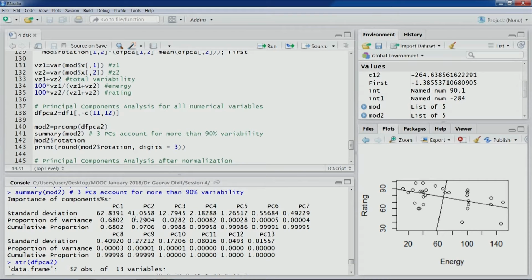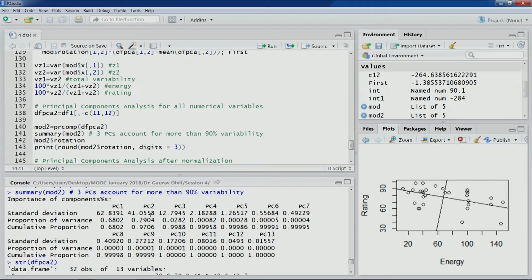So these two principal components, PC1 and PC2, contribute 97% of the variability that was there in the original variables. So we can eliminate the other principal components, as only these two are capturing most of the variability.